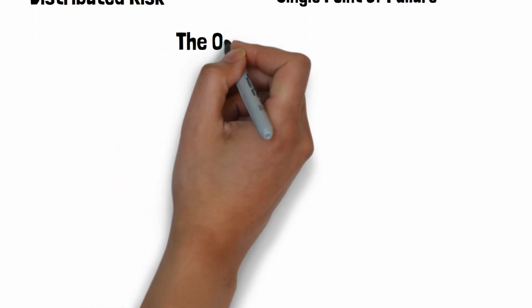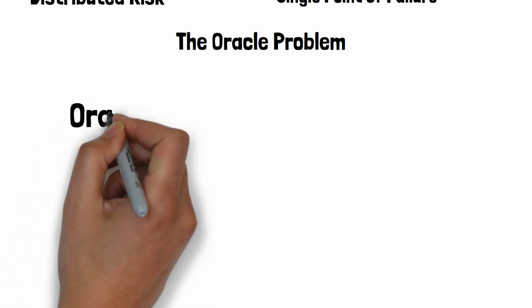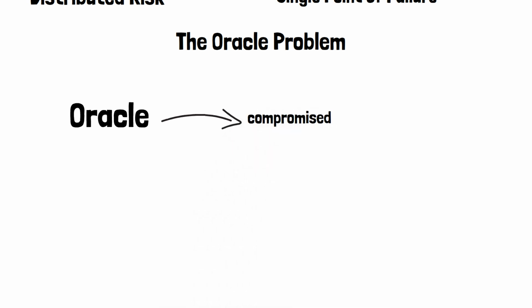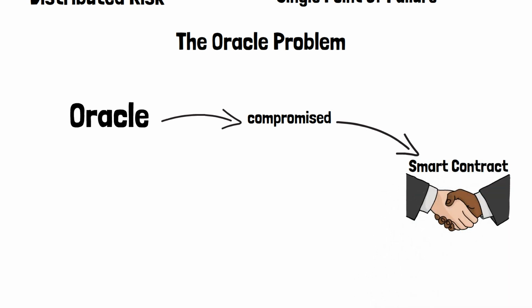But there are some problems with oracles. Let's have a look at them. Since smart contracts execute decisions based on data provided by oracles, they are key to a healthy blockchain ecosystem. The main challenge with designing oracles is that if the oracle is compromised, the smart contract relying on it is also compromised. This is often referred to as the oracle problem.